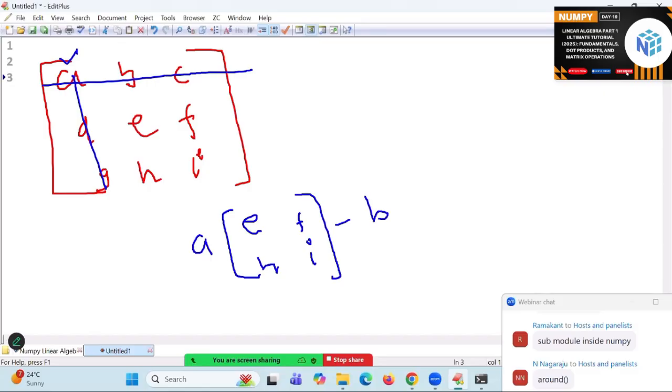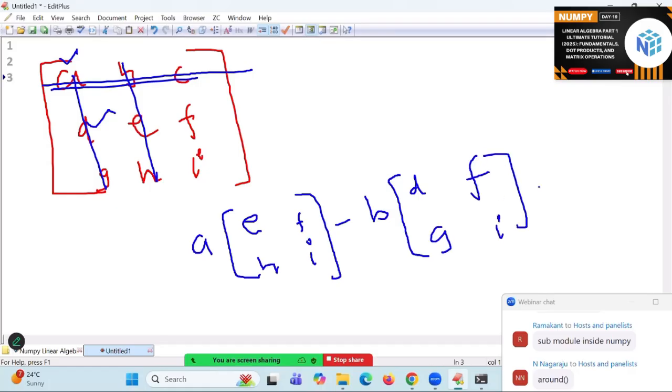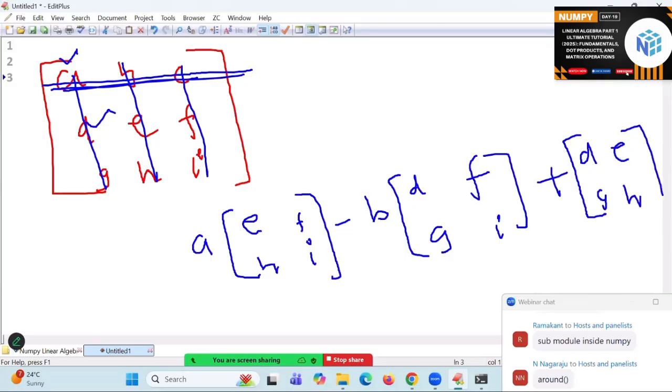Minus B of, where B means its row and column will be taken off. What is the next step? D, F, G, I. Next is plus C. Its row and column will be taken off. What is this now? D, E, G, H.